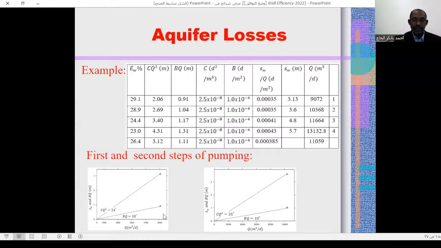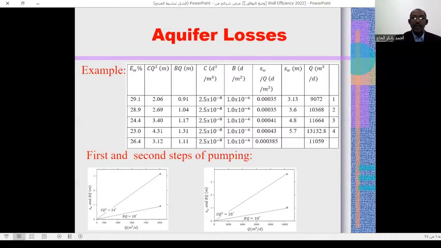In the first step it equals 10 degrees, and the angle of CQ square well losses equals 24 degrees. In the second step, also measure the angle of BQ equal to 10 degrees and aquifer and well losses equal to 25 degrees.